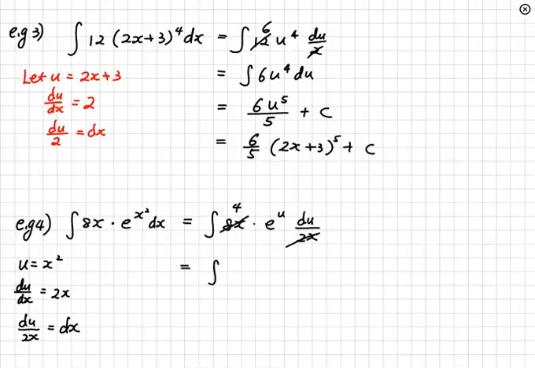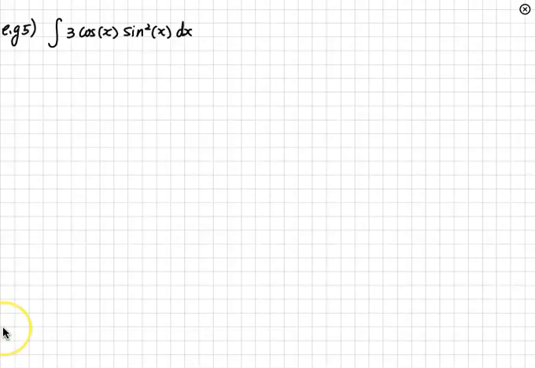So that will give me integration of 4e to the power of u du. We can integrate the exponential function easily, so that will give me 4e to the power of u plus c. Now I just need to replace u back with x squared. So I have 4e to the power of x squared plus c.